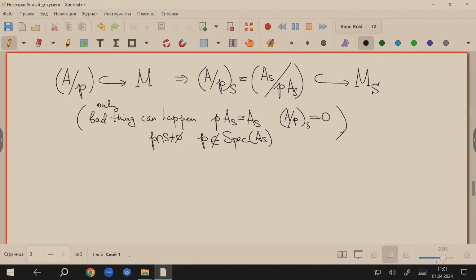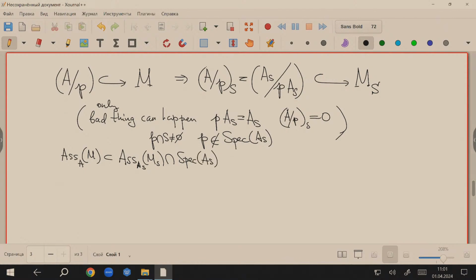So this implies, of course, that the set of associated primes sits inside the intersection of the associated primes of the localization and the spectrum of A_S.